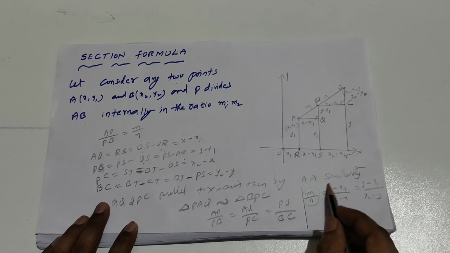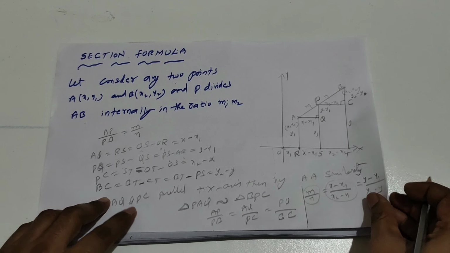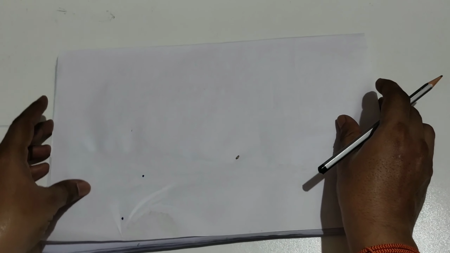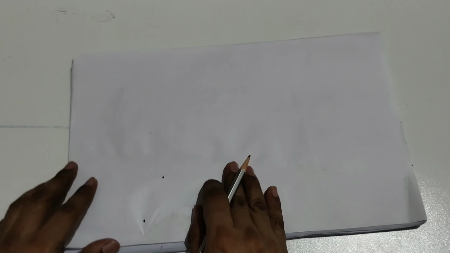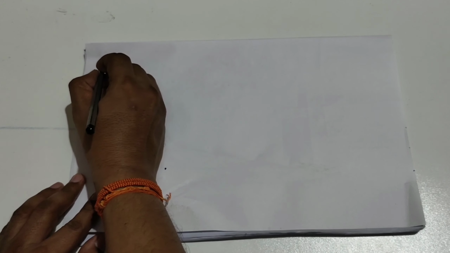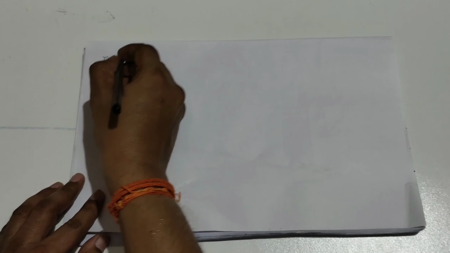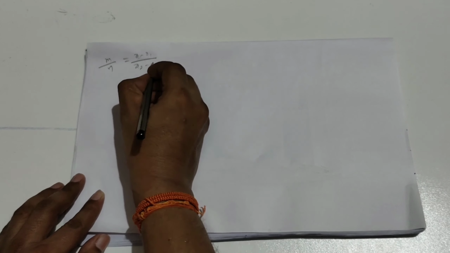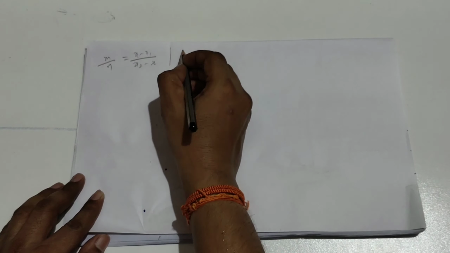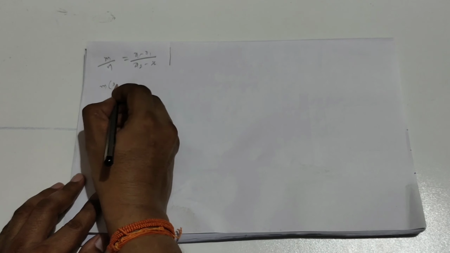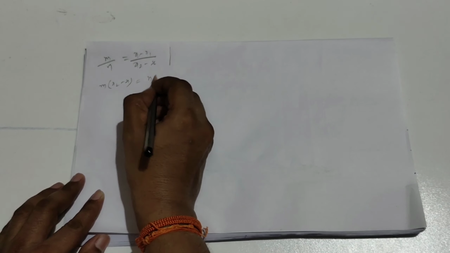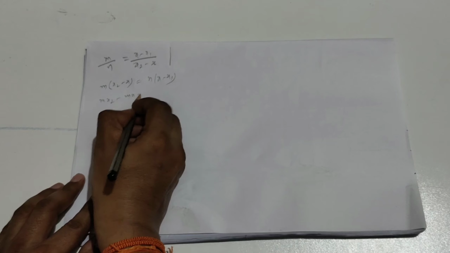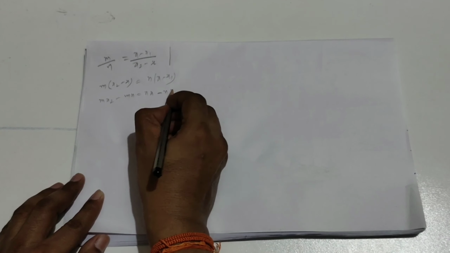First take the first equality: m by n is equal to x minus x1 by x2 minus x. Then on cross multiplication we get m into (x2 minus x) is equal to n into (x minus x1). So mx2 minus mx is equal to nx minus nx1.